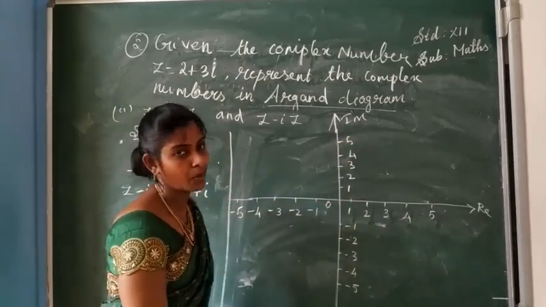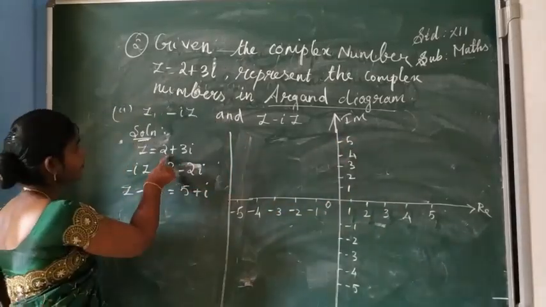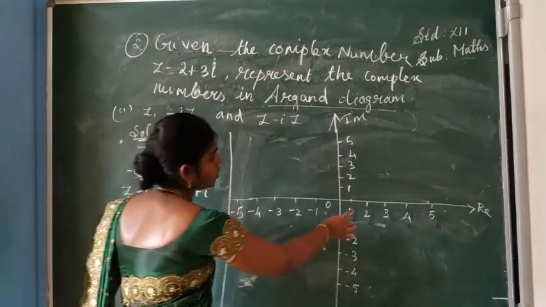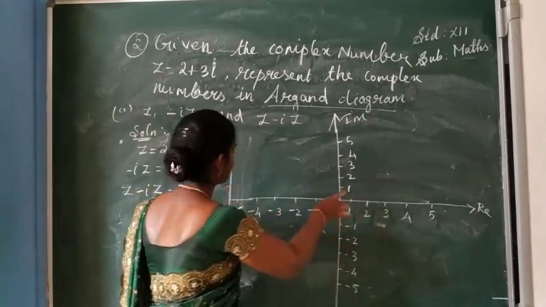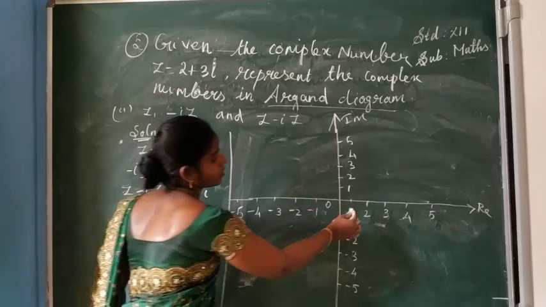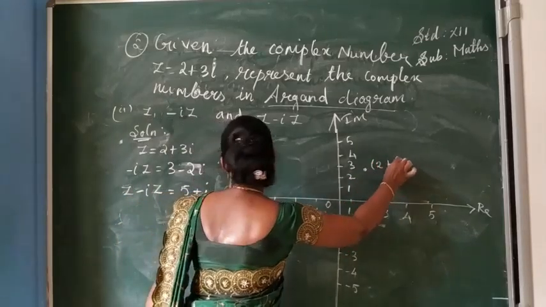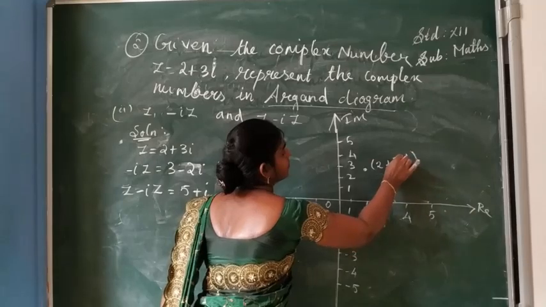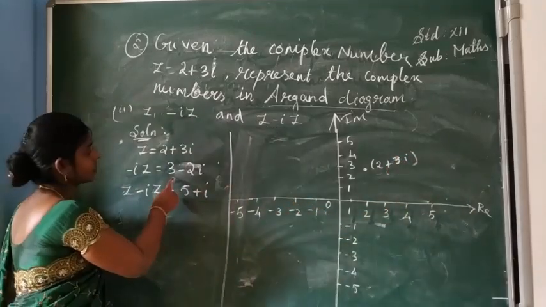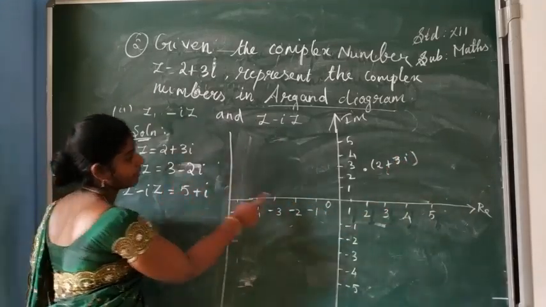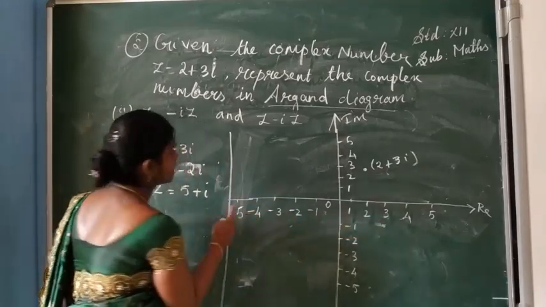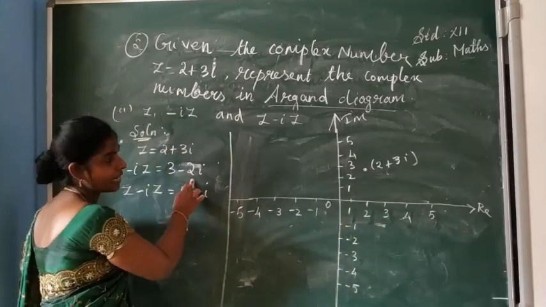So now we can plot the points. So 2 plus 3i. So 2 in the real part, imaginary part the value is 3. So 2, 3 here. So 2 plus 3i. So 3 minus 2i, 3 in the real part and minus 2 in the imaginary part.